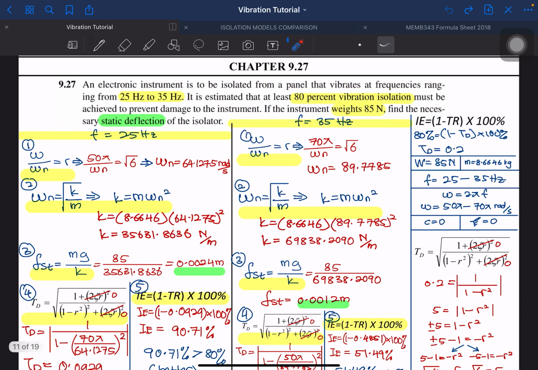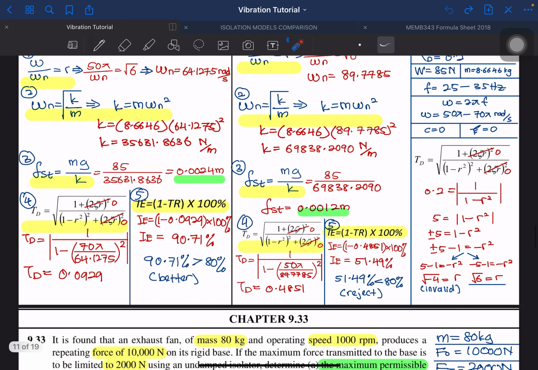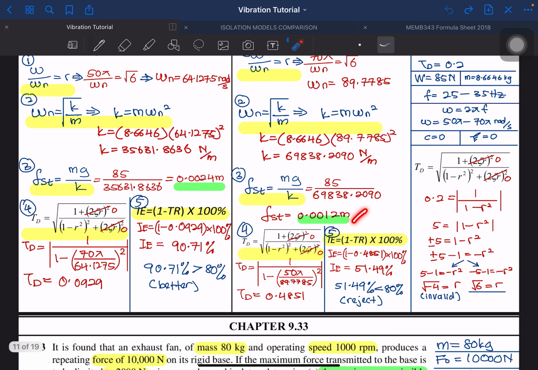Initially given, it is estimated that at least 80% must be achieved. Since this part gives 51%, which is less than 80%, we reject that part. Meaning the static deflection is not 0.012.